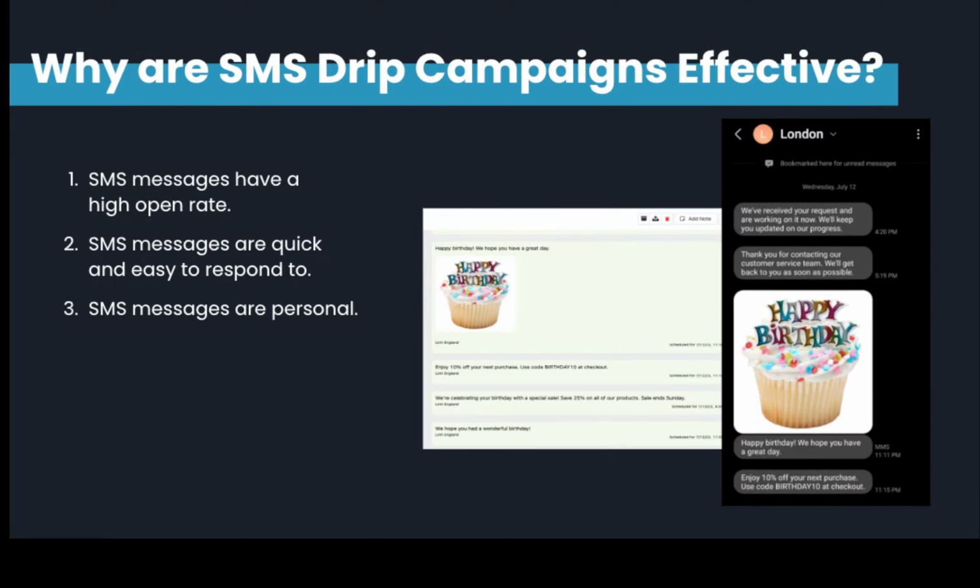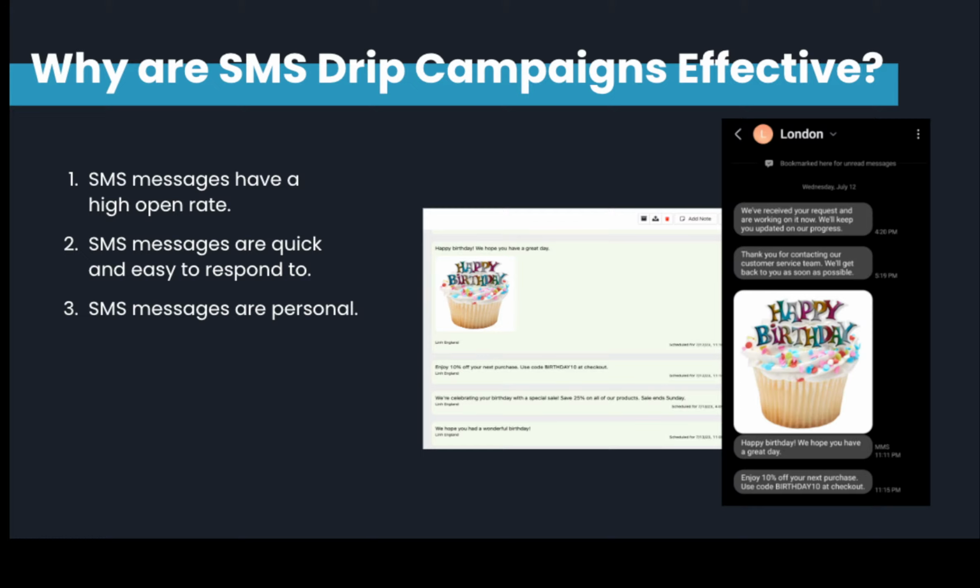So here, we're going to review how SMS drip campaigns are effective. There are 3 core things. SMS messages have a significantly higher open rate, specifically over emails. Studies have shown that text message open rates are over 98%.